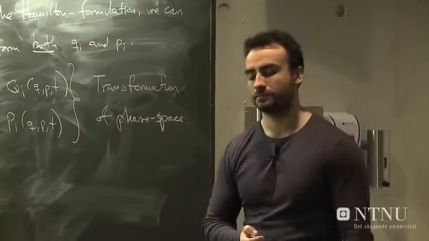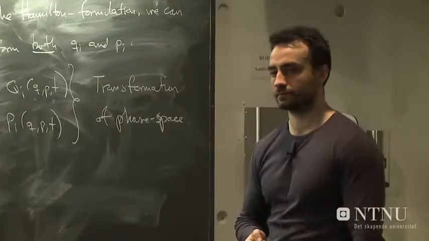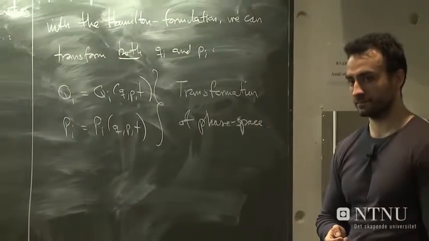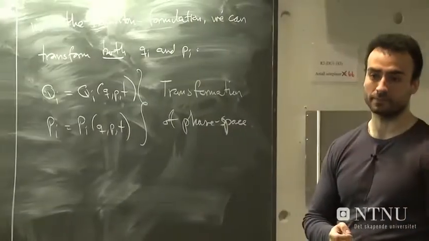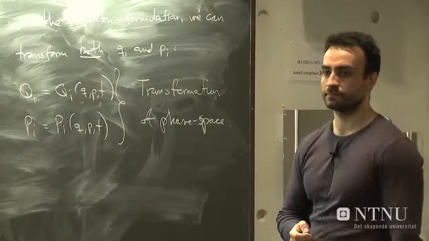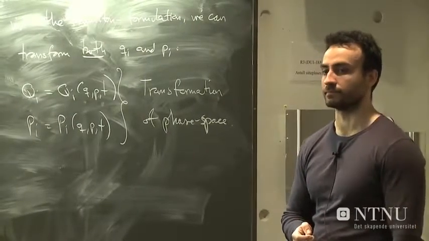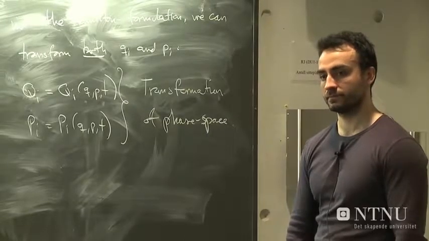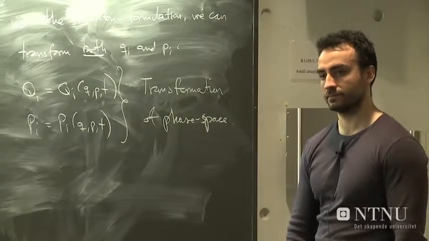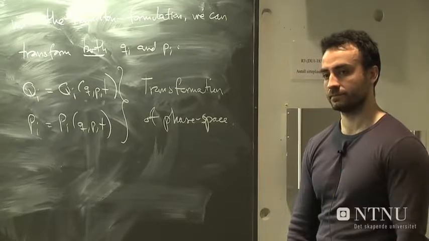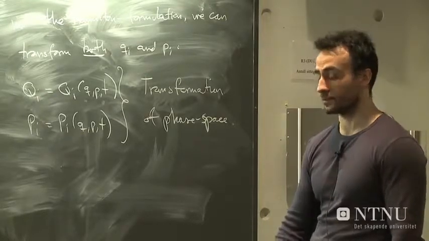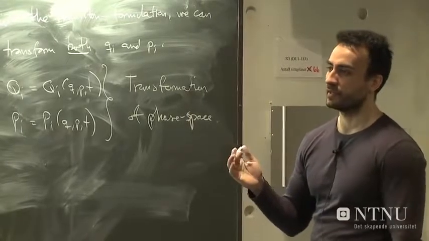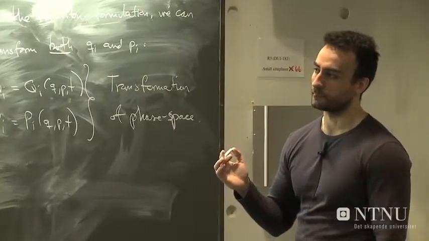How do you mean? In the Lagrangian, we could add arbitrary time derivatives of functions without changing the equations of motion. And here you can't do that with the Hamiltonian, but you can transform the coordinates instead. Yeah, you're absolutely right. So I'm not sure we call it a gauge invariance. Well, maybe, it depends.